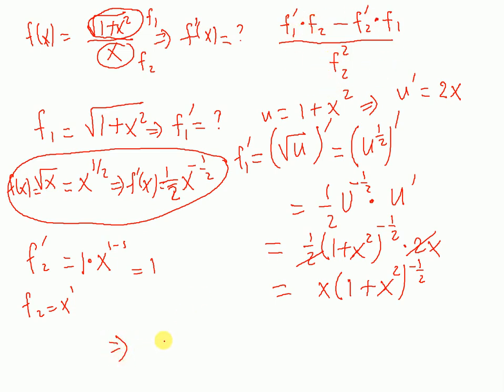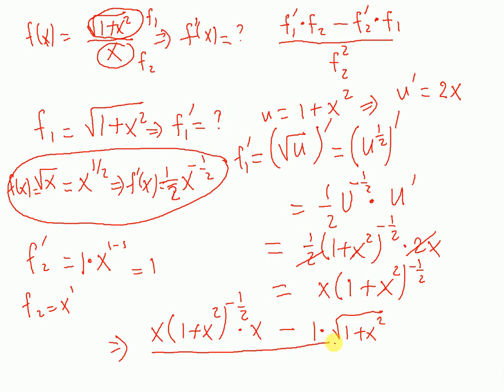So I'm going to do here f1 prime, which is what we got here, 1 plus x squared to the minus 1/2, times f2, which is x, right, minus f2 prime, just 1, multiplied by f1, which is the square root of 1 plus x squared.